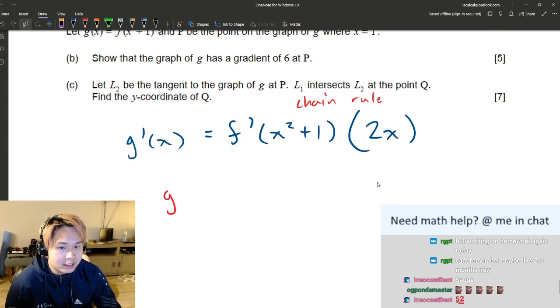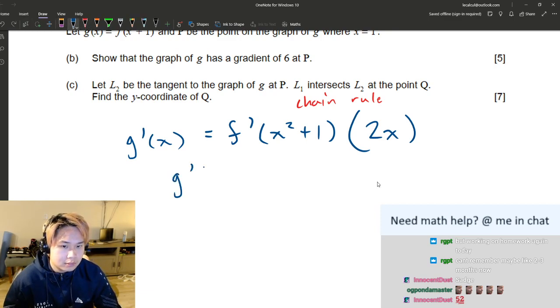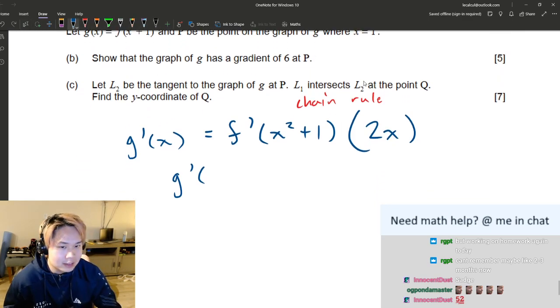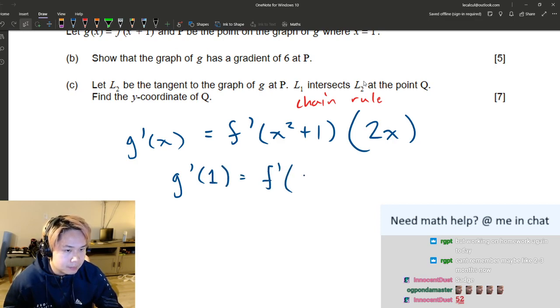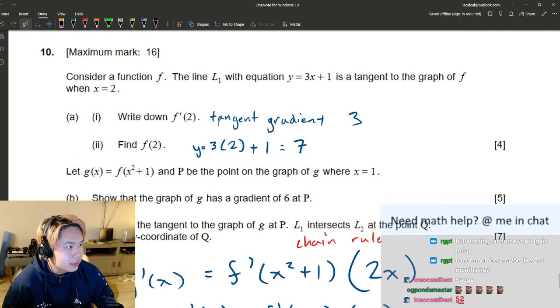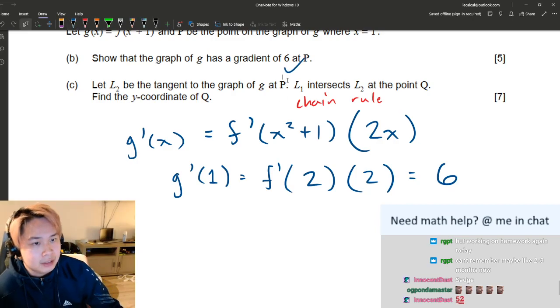And I want to find the gradient of this at the point P, which has an x value of 1. So this is g prime at 1. So you plug in 1, you'll get f prime at 2 multiplied by 2. F prime at 2, we found out, is 3. So this is just 3 times 2, which is 6, so we know that's correct because they actually told us already what it should be.